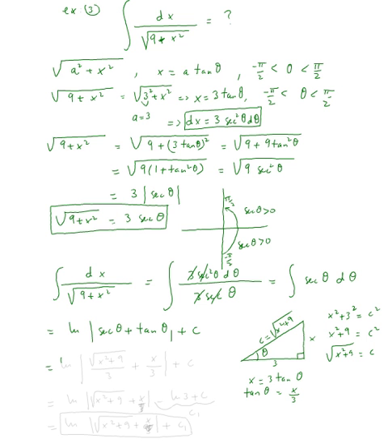Now this is equal to ln of secant theta, which is the hypotenuse, square root of x squared plus 9, over 3, plus tangent, which is x over 3, everything plus some constant c.